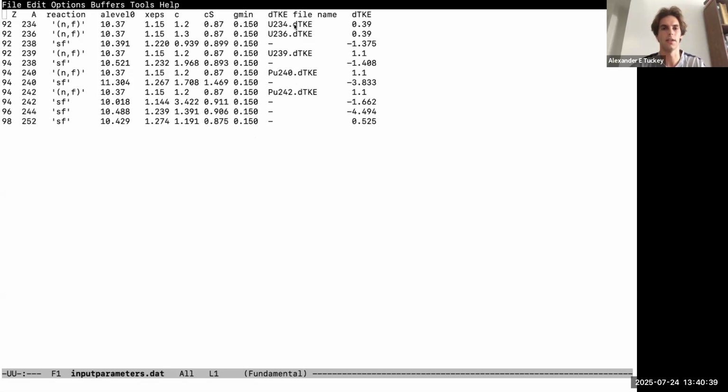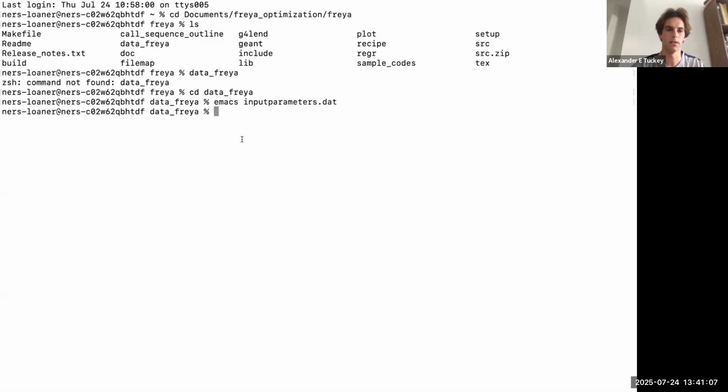And these DTK files are where the total kinetic energy is drawn from for neutron-induced fission. So you can change these values if you want and see how that affects the Freya output. I hope I've given a good overview of that already. But let's go ahead and exit out of here and now actually run Freya.